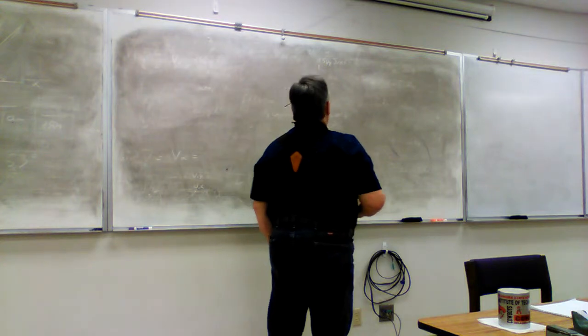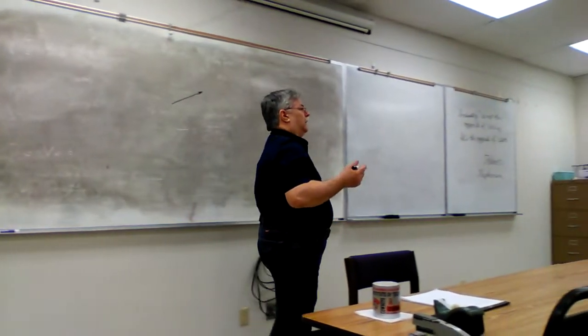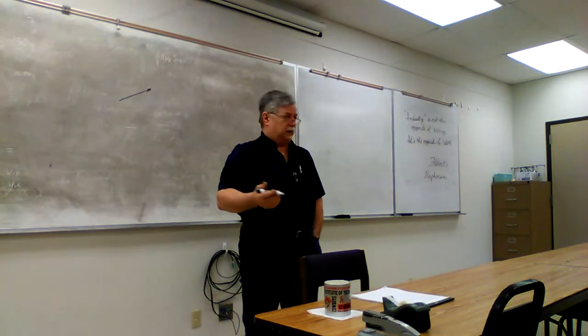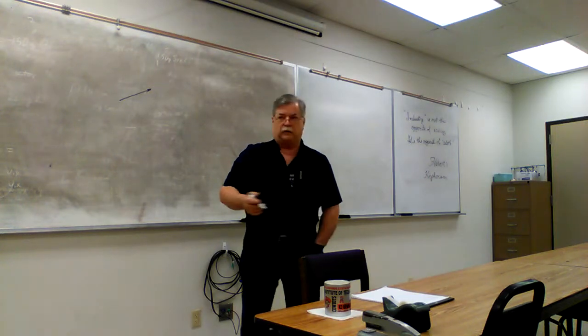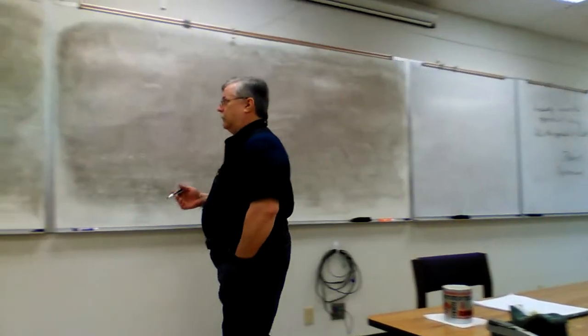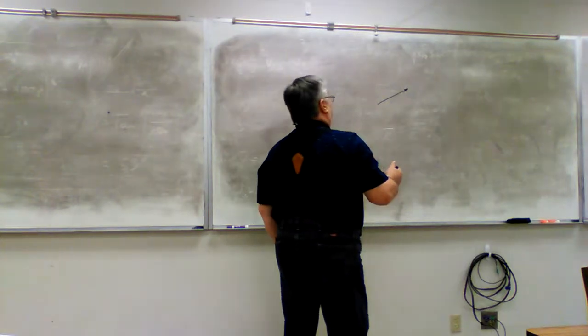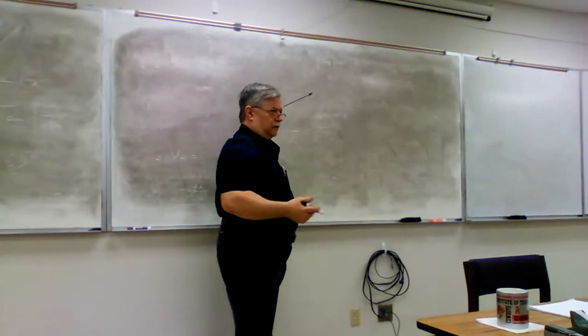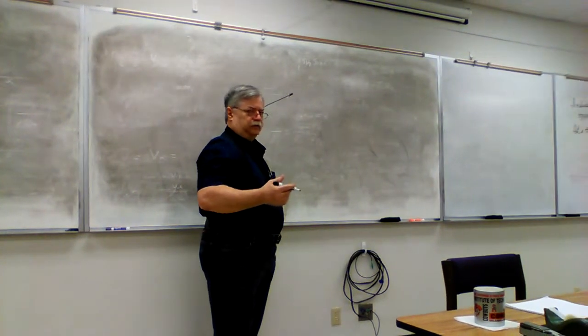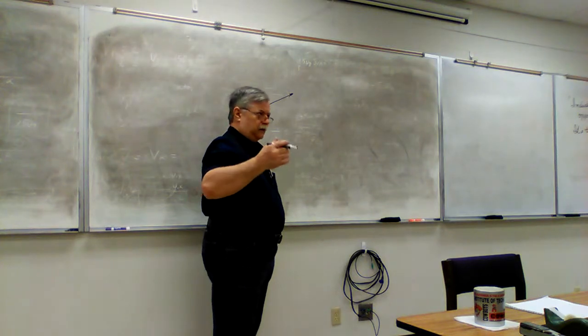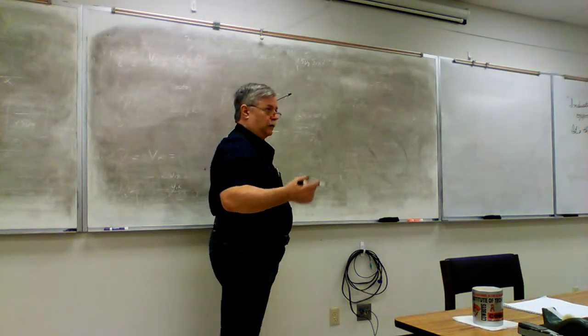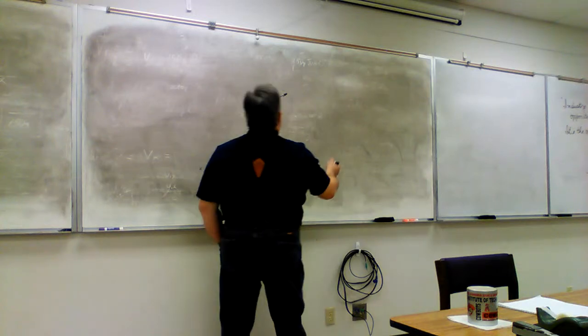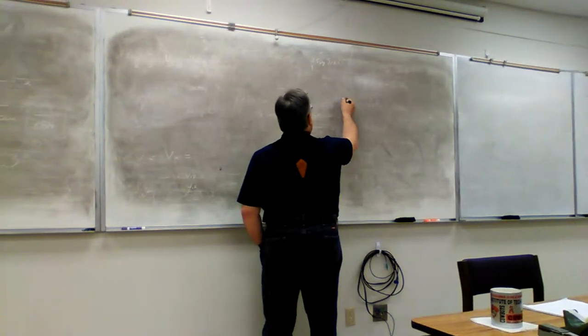Now, adding vectors together. There are different ways of looking at this, but I want you to visually understand what you're doing when you add vectors together. So let's take a couple of random vectors.